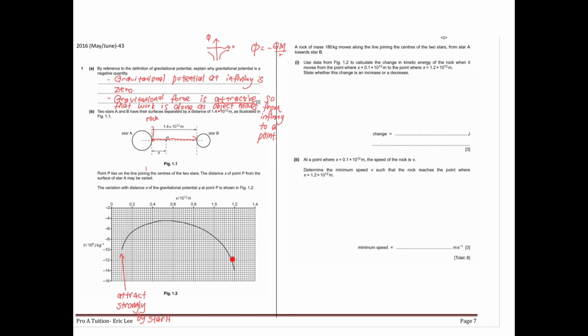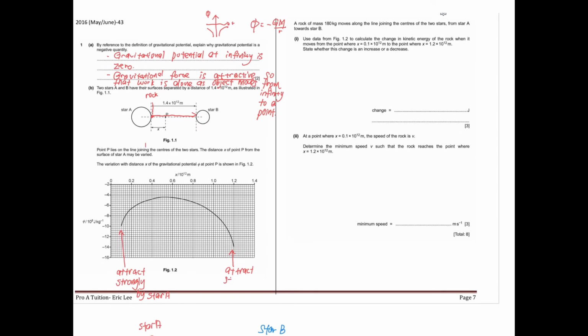Okay, so, oh yeah, just now I left out, like what I said, at this point they are attracted strongly by star B. Okay, so now let's come back to the question again.